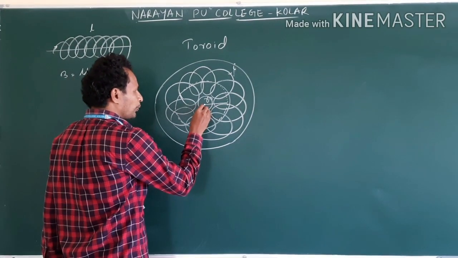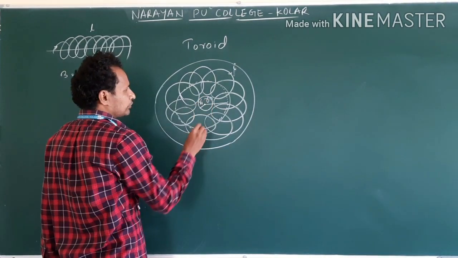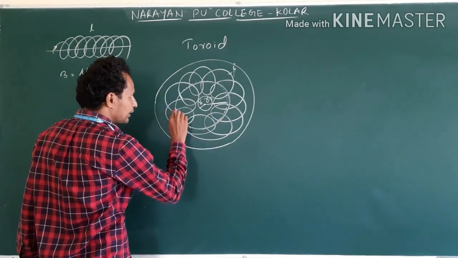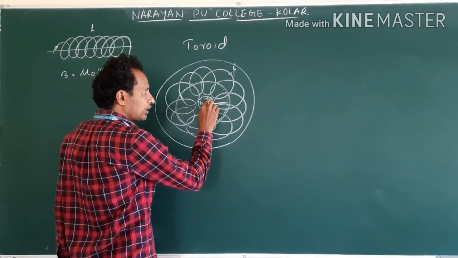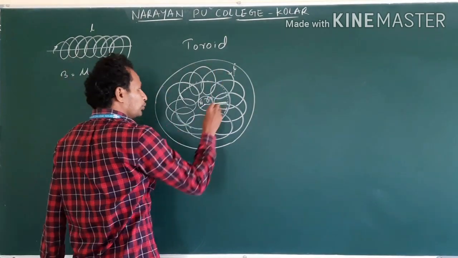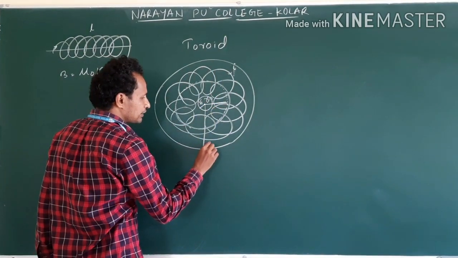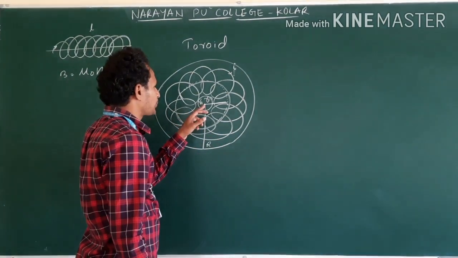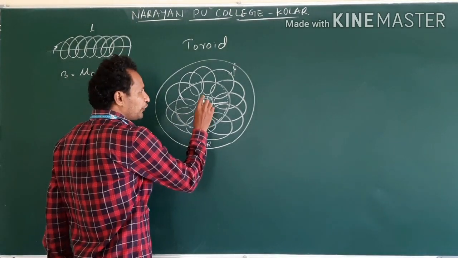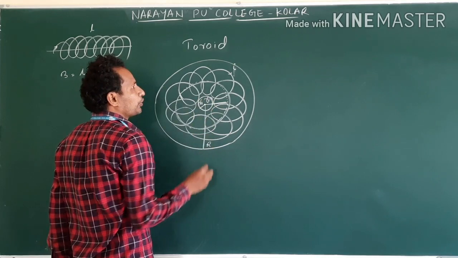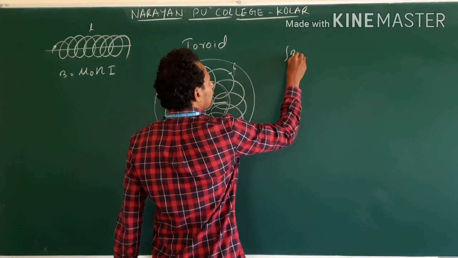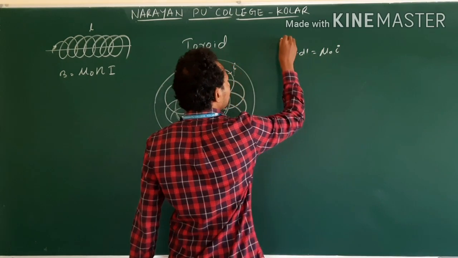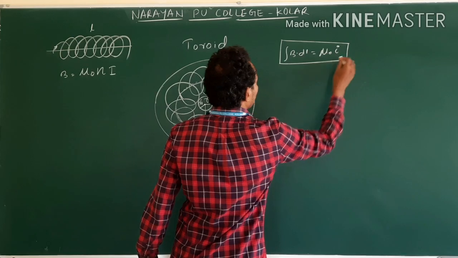So for the inner loop, take its radius R1, the loop passing through the coils, radius I consider as r, and the outer loop, this radius I am taking as capital R. Clear? First I am substituting the Ampere formula for this inner loop. Integral B dot dl is equal to mu naught I. This is a general formula. Clear?